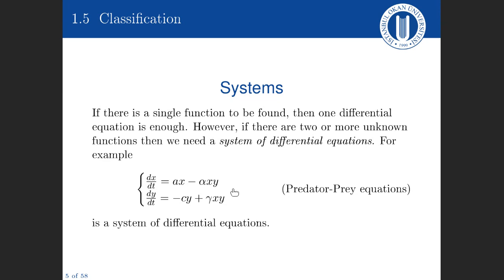There's two variables here, two unknown functions, x and y. These are both functions of t, and both of these functions appear in both equations. That means we can't find one function first and then use that to find the second function. Instead, we would need to find the two functions together.